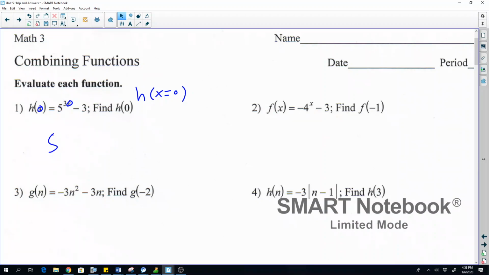So 5, and then 3 times 0 minus 3. 0 times 3 is just 0, so that's going to be 5 to the 0 power, and then minus 3. Anything to the 0 power is just 1, so that becomes a 1. We're left with 1 minus 3, and 1 minus 3 is negative 2. Excellent, negative 2. There we go.